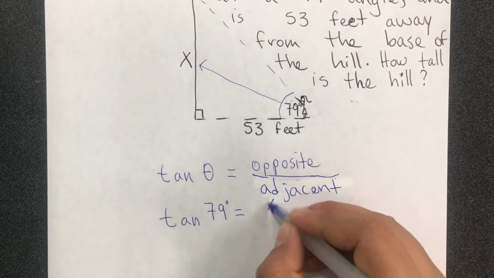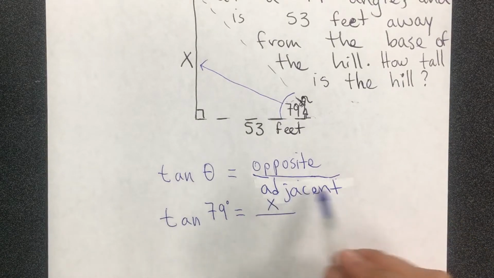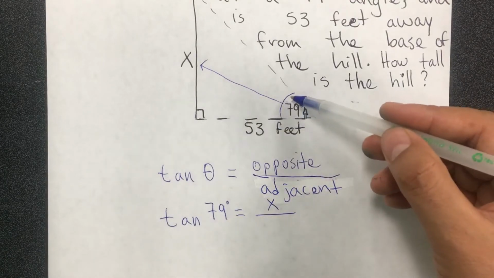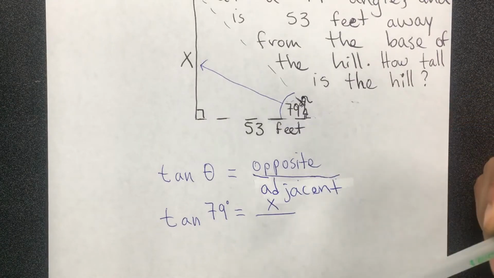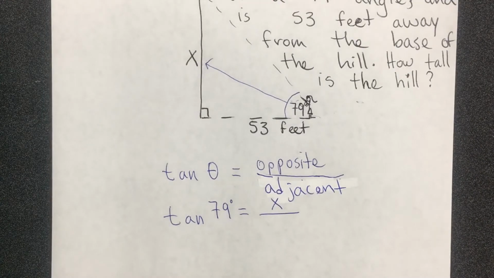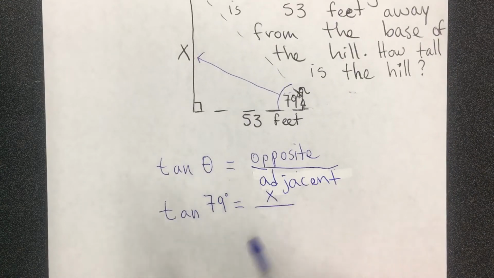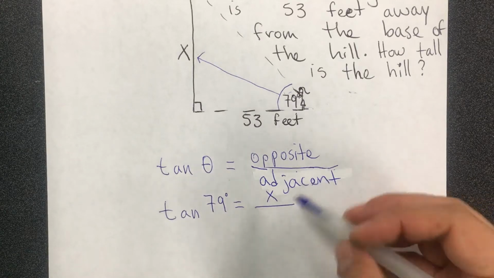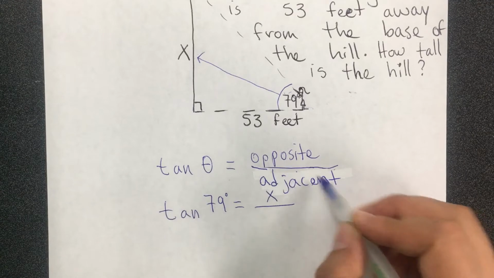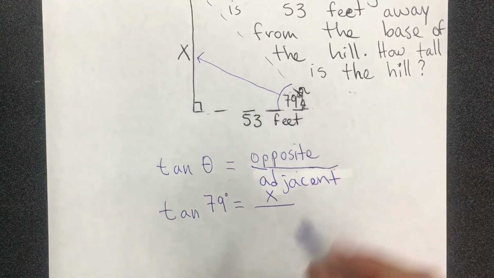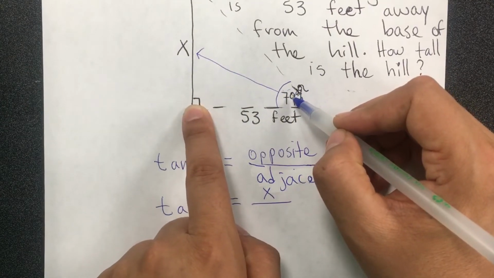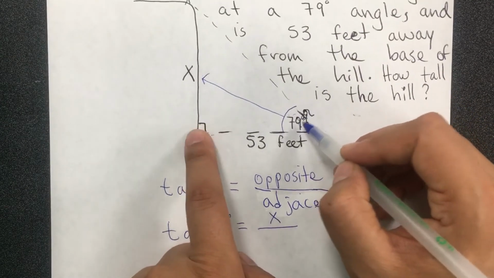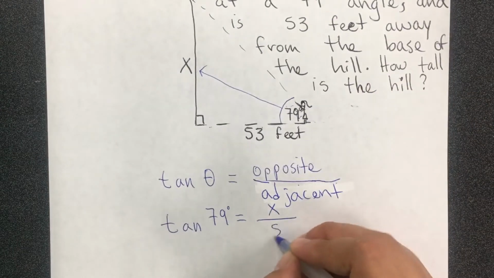In this case, it would be x, divided by the adjacent side. Remember, adjacent is between the angle and the 90-degree angle. So in this case it is 53.